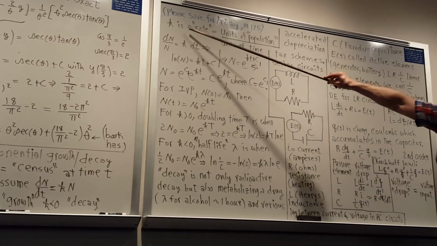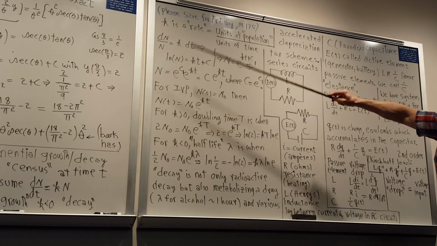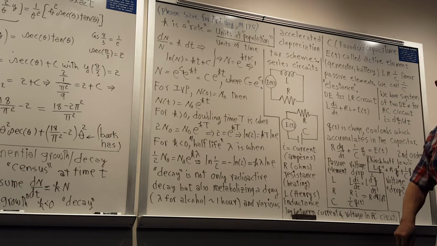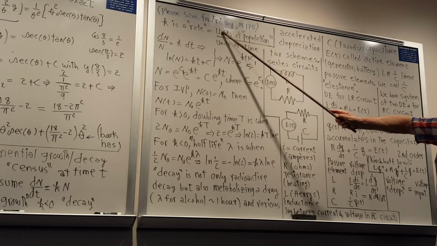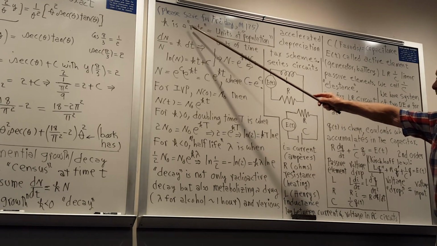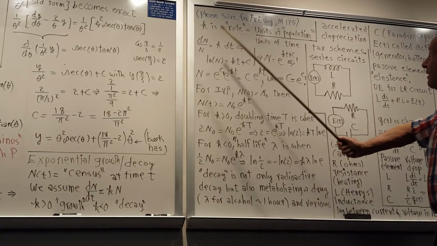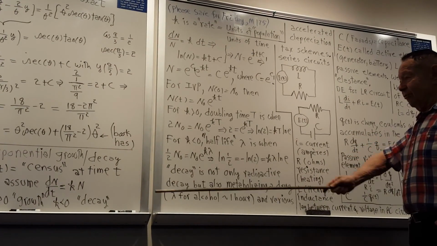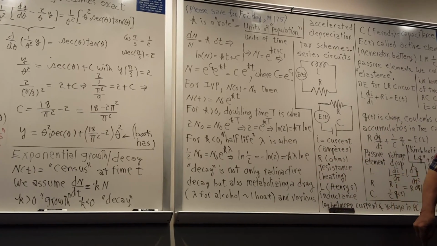So the k then is what we call a rate. A rate doesn't always have to be a time rate. It is a quotient of units of whatever your function is measuring over units of whatever the variable is that your function depends on.